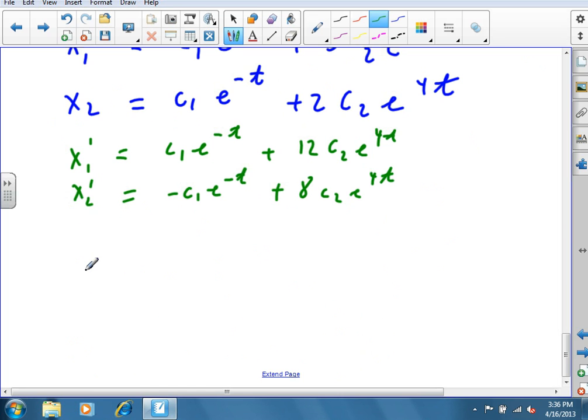Okay, now my problem says that x1 prime is supposed to equal 2x1 plus 3x2.